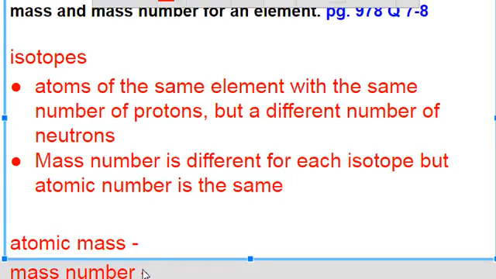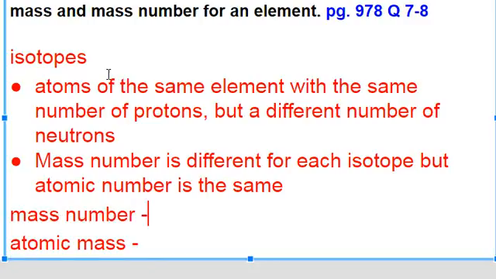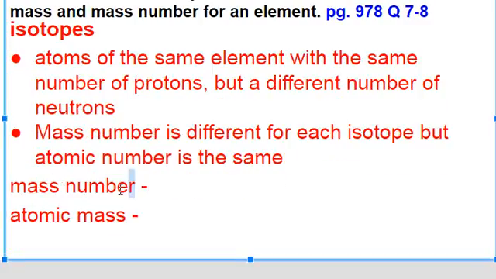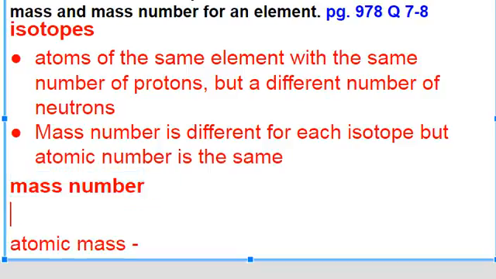So then let's do mass number next, because I think that fits more logically. So the mass number, we use the acronym MAN, MAN. So what's the mass number represent, or what is it?